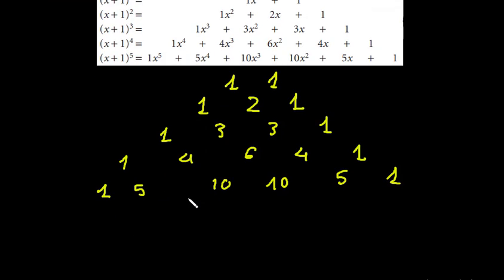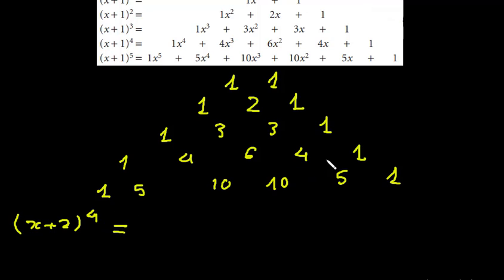So let me take an example down here. When I want to expand x plus 2 to the power 4, we know that because it is to the power 4, the coefficients are the same for any expansion to the power 4.